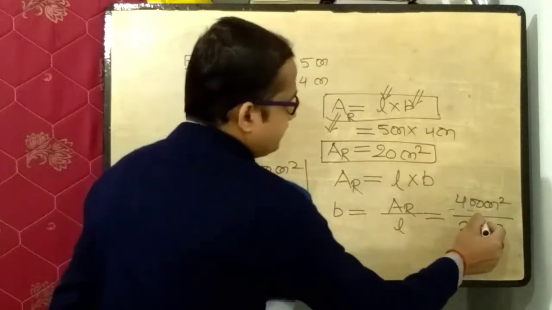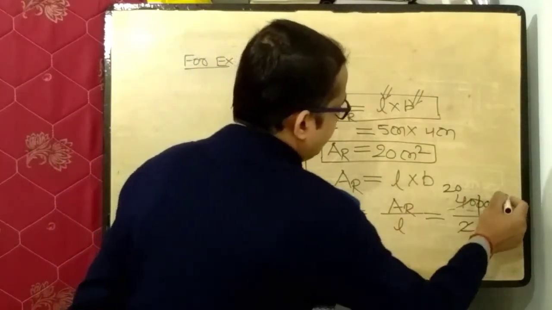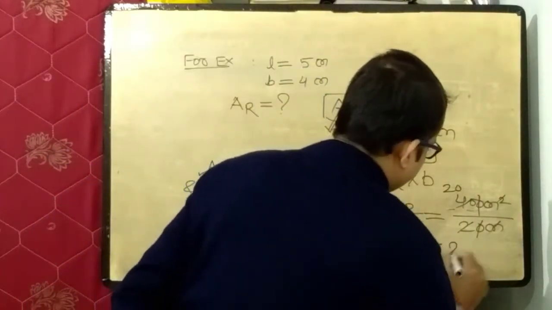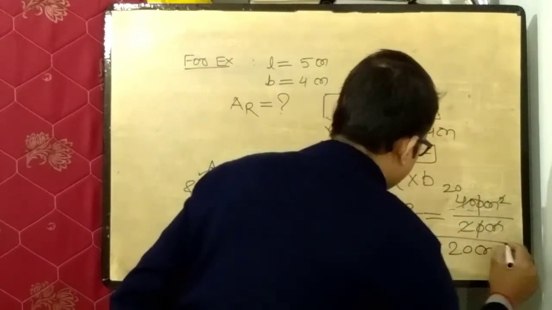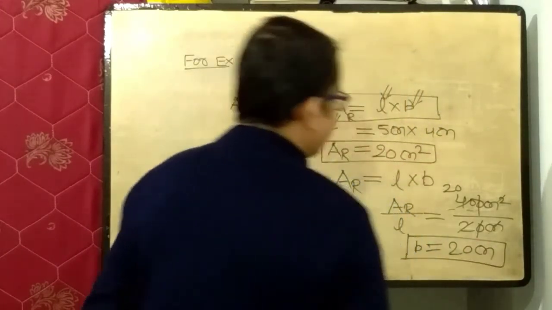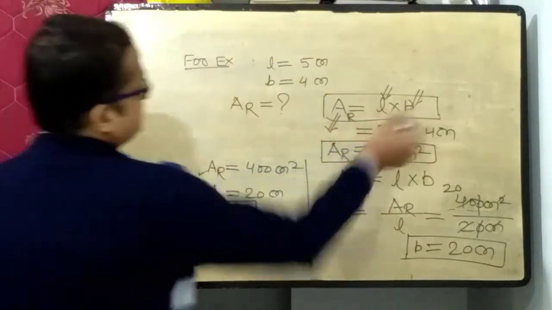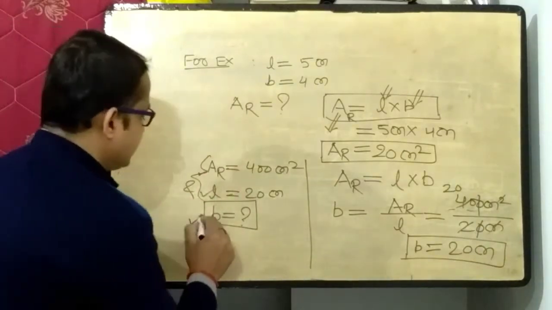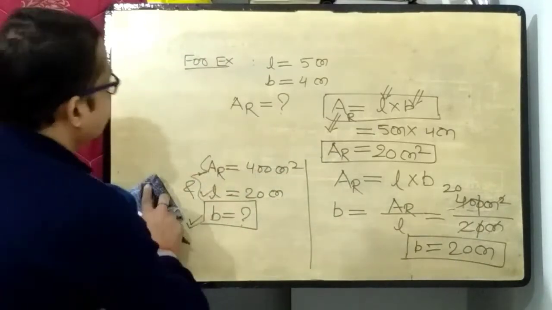Then what will you get? Zeros cancel out, giving 20, and meter and meter cancel out. So you get 20 meter. Hence the breadth of the rectangle is 20 meter. So out of these three unknowns, if I provide any two, you can easily find the third.